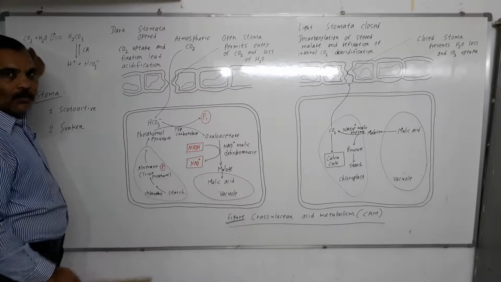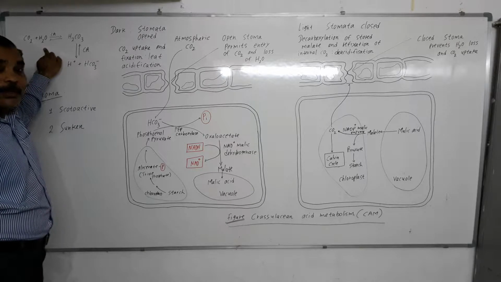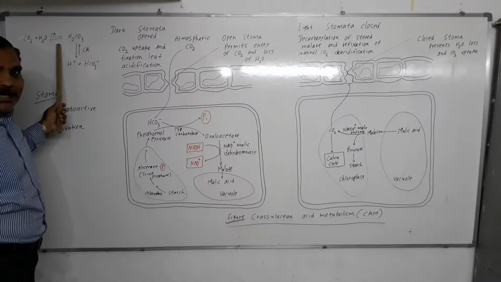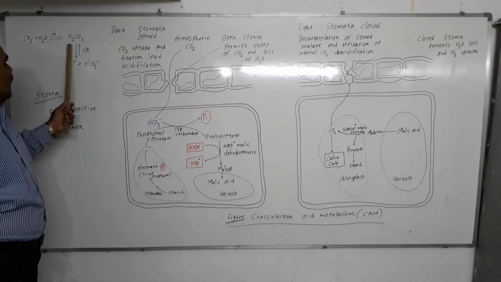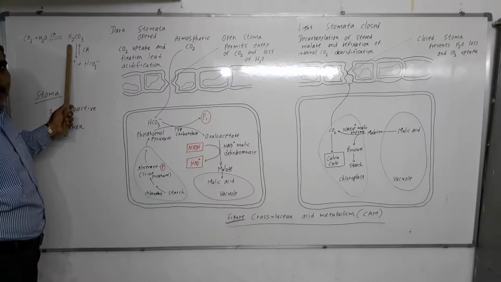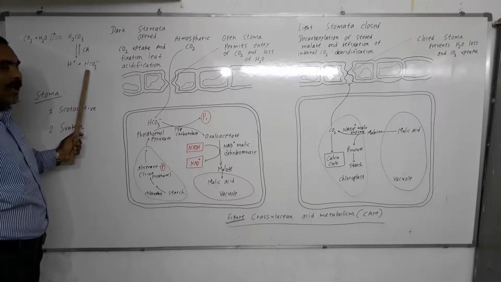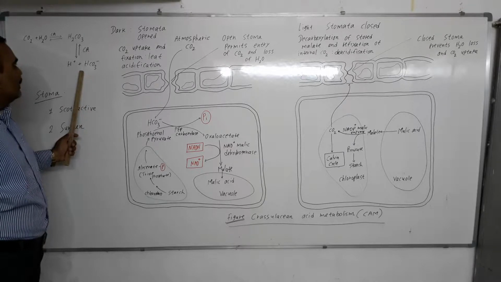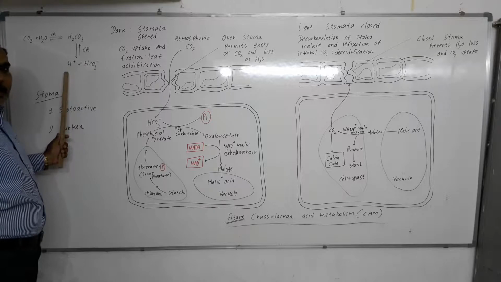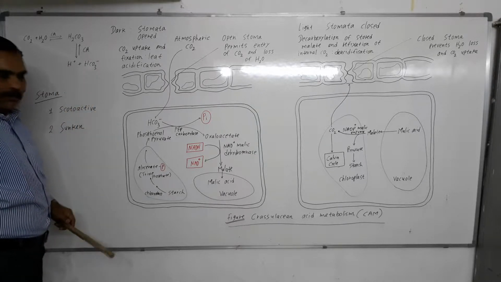Here I have written the reaction: CO2 plus H2O, and the enzyme responsible for this reaction is carbonic anhydrase. So H2CO3, carbonic acid, is produced. Now this carbonic acid dissociates into H plus and HCO3 minus with the help of the same enzyme, carbonic anhydrase. So in the cytoplasm now there is H plus and HCO3 minus.